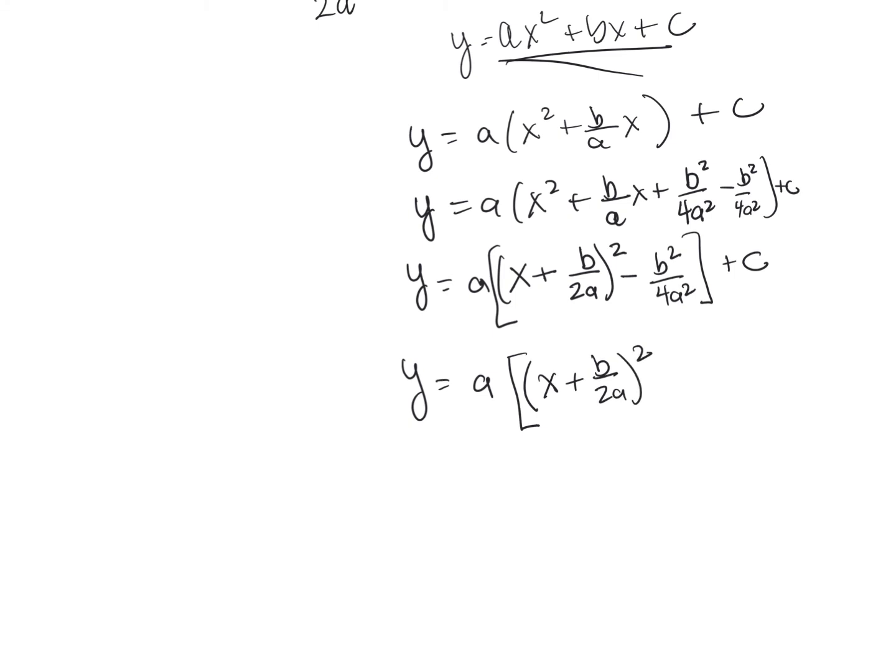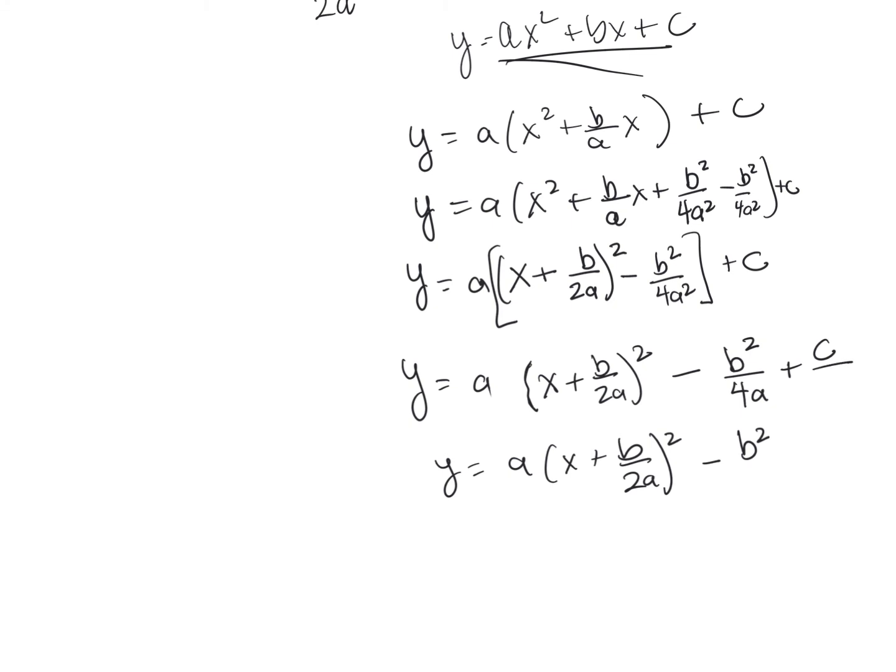I'm going to multiply this a in, it's going to cancel out one of those, and this is going to be b squared over 4a plus c, because I multiply that a in and it canceled one of those out. Negative b squared divided by 4ac. And now if I'm looking for a common denominator here, I get a times x plus b over 2a squared minus, and this is going to be b squared.